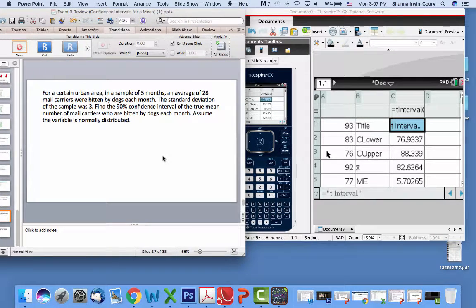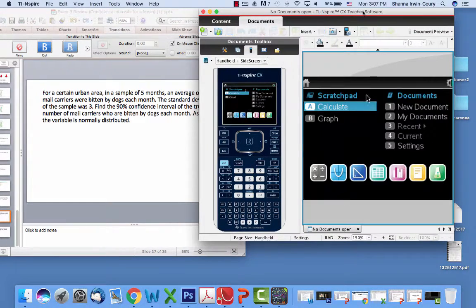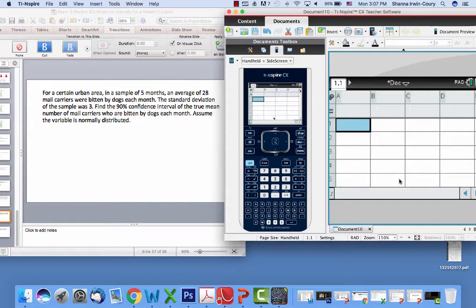Okay, for this one, we have a sample size of 5, and we are given the average and the standard deviation, we are not given the list. We do not know each month's result. All we know is the average and the standard deviation. I'm still going to go to list because that's where it spits all this stuff out.